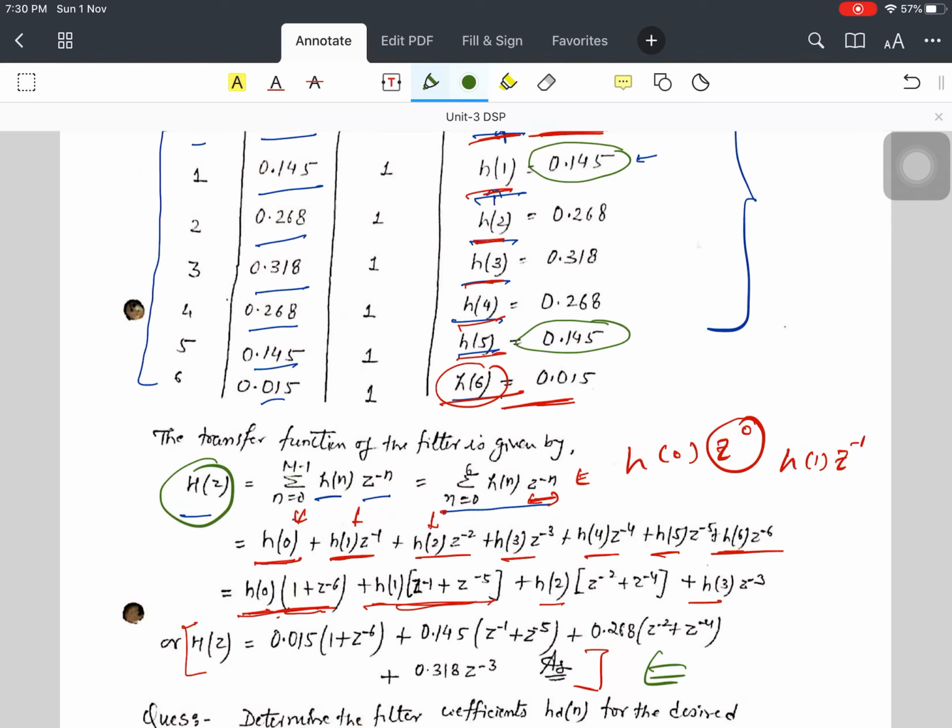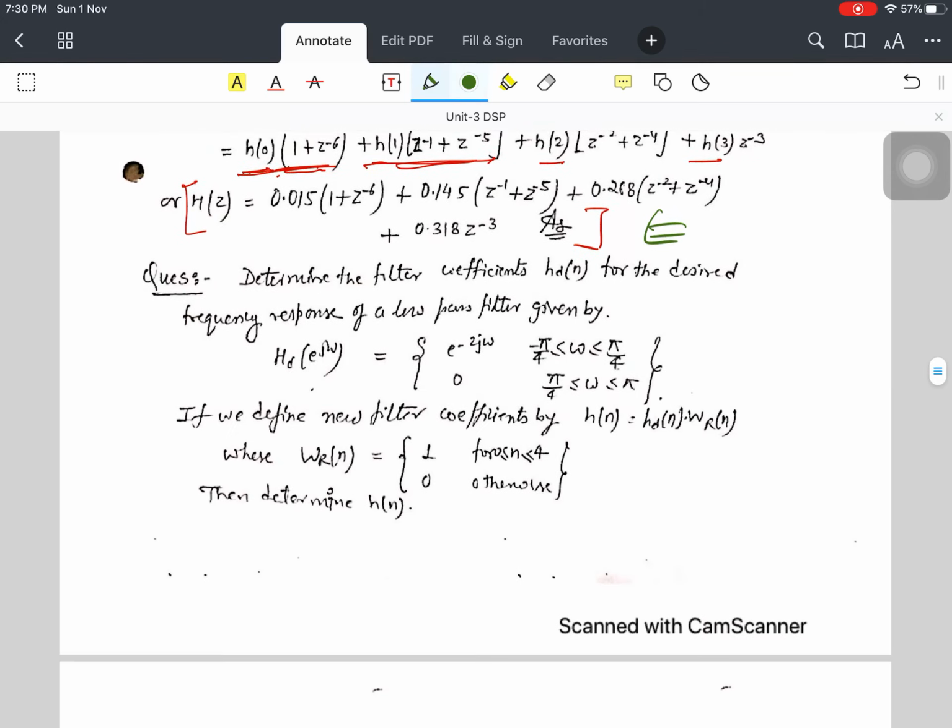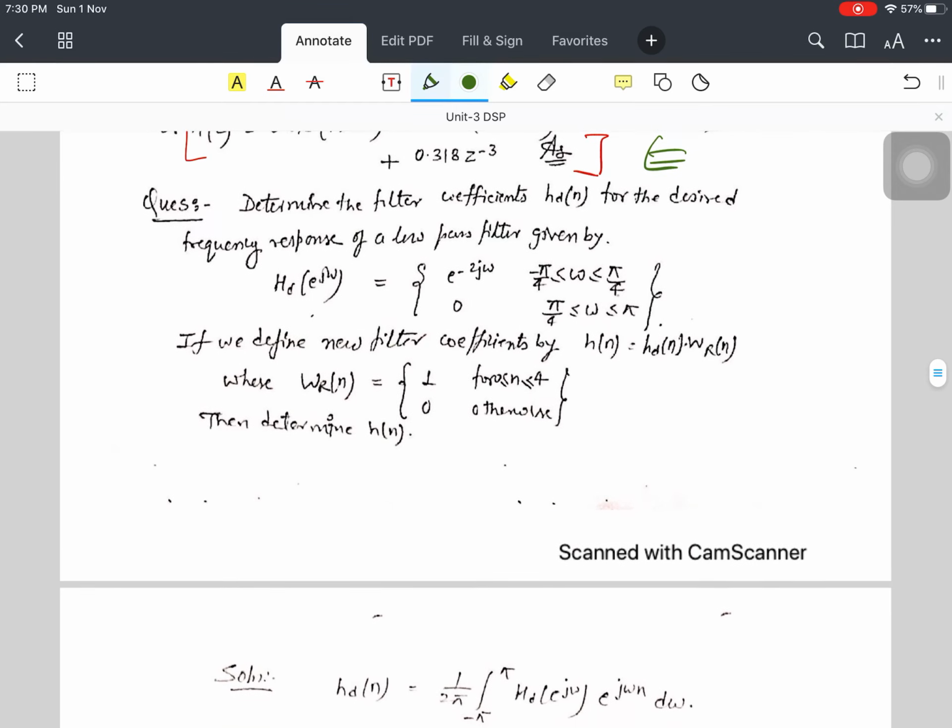Now, we will take another example. In this example, they are asking to determine the filter coefficient Hd(n). They are asking to calculate the Hd(n) for the desired frequency response of a low pass filter, and the filter response is given by this equation. Also, a rectangular window function is given.